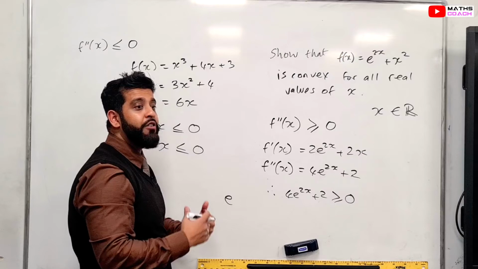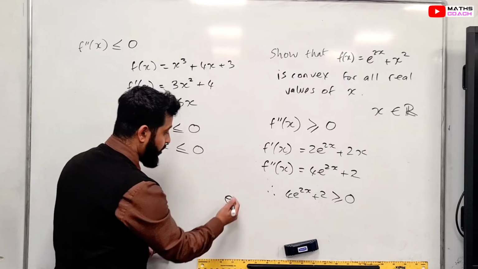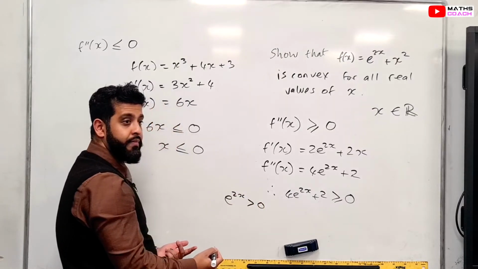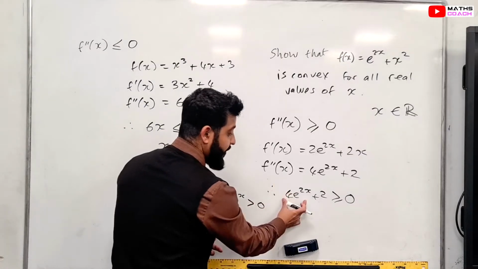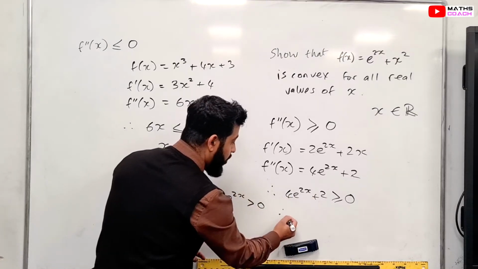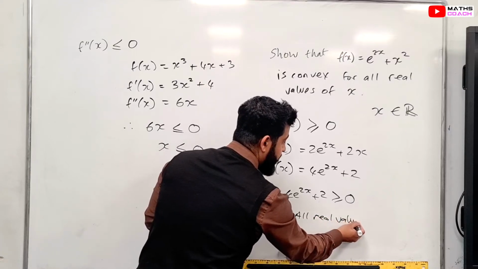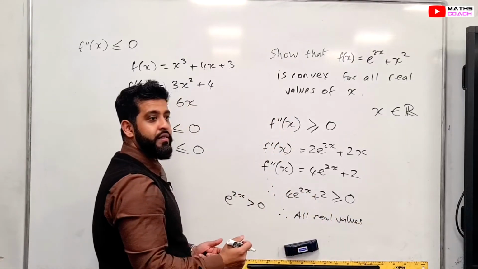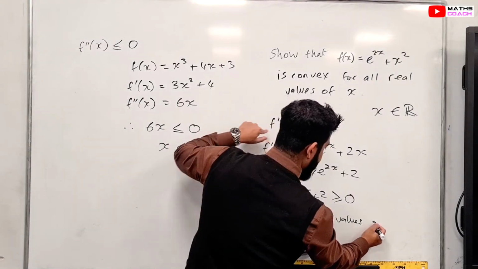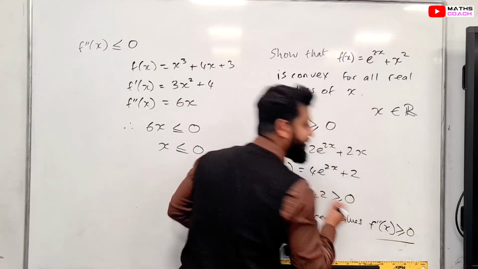And it has to be greater than 0, okay? So if this is greater than 0 all the time, you've got a positive here, greater than 0, and you're adding 2 more. So therefore, all real values of x will satisfy this. And therefore, the second derivative will be greater than or equal to 0.